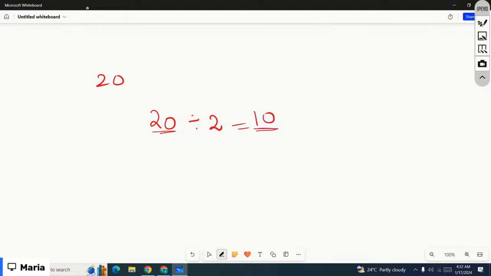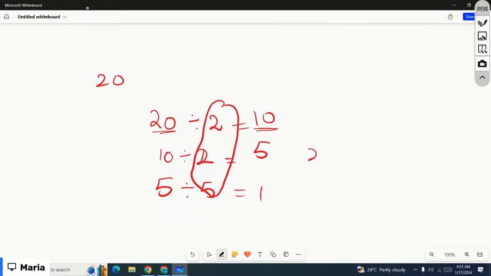Now divide this number again by the smallest prime number until you get the answer 1. Keep dividing, right? So 10 divided by 2 is 5. Always divide with the smallest prime number. Now you have 5. 5 divided by 5 is 1. So these are the prime numbers you have divided with.